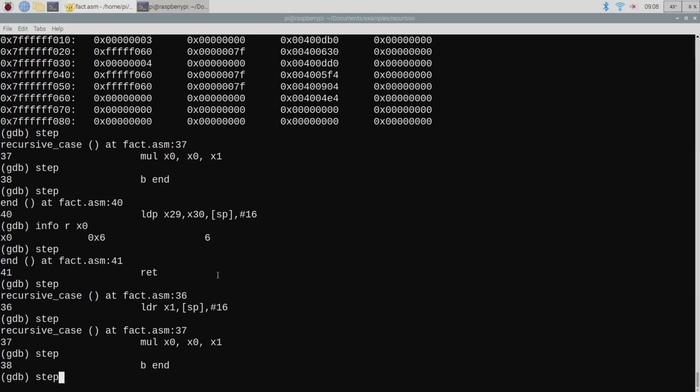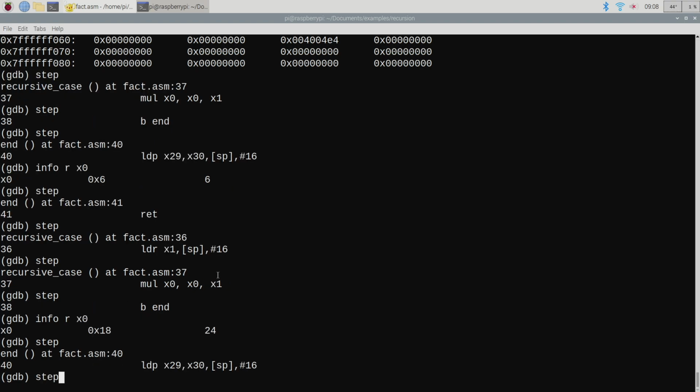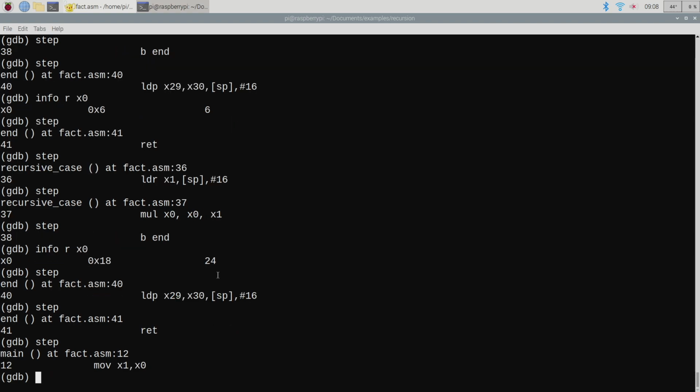What's in X0 now? 24, right? Because 6 times 4 is 24. And are we done? We got one more, and that popped us off because I did 4 factorial because I changed it from 5 to 4 just so we wouldn't keep doing this 50 billion times. Okay. And there we go.